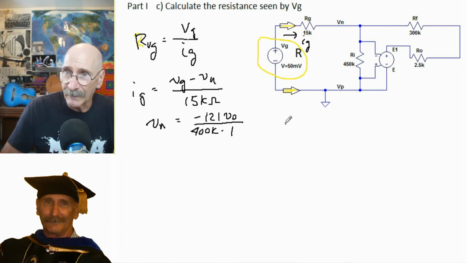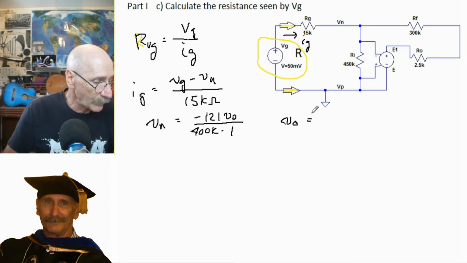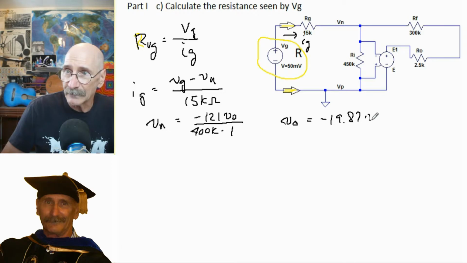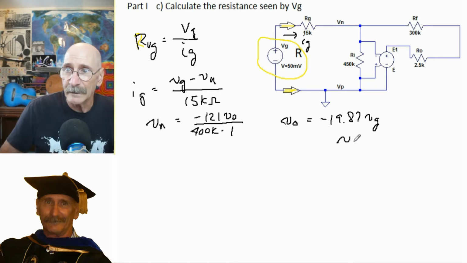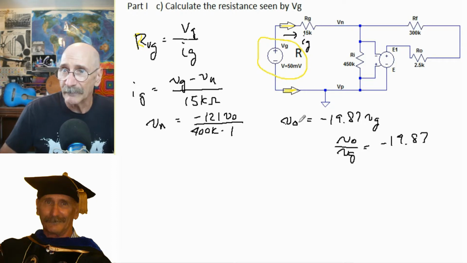We also have that V out is equal to, that's our gain relationship, minus 19.87 times VG. And then, of course, we can substitute. That comes from V out over VG equals minus 19.87. So we can drop that VG right into there.